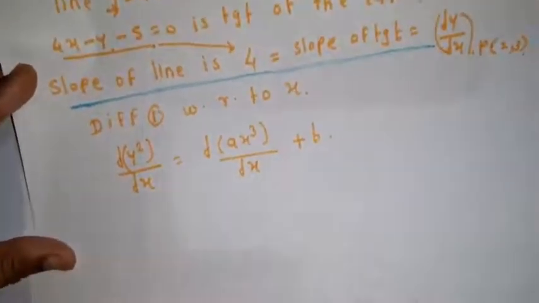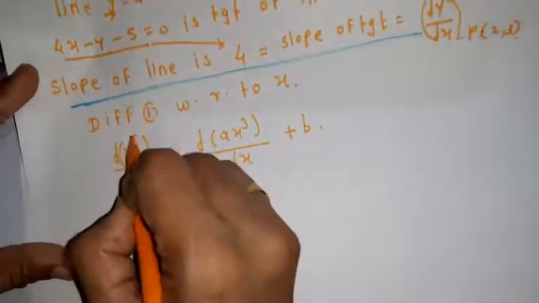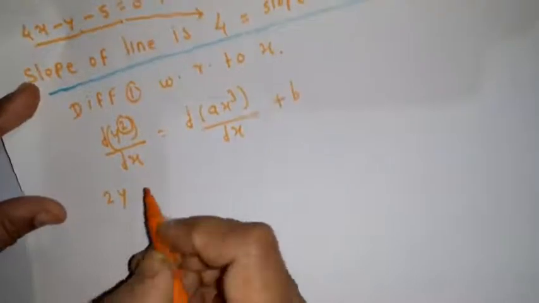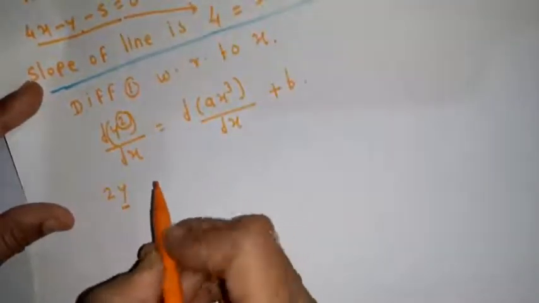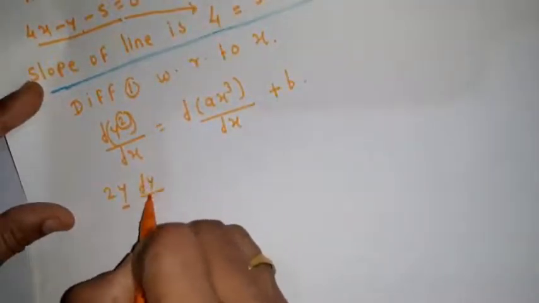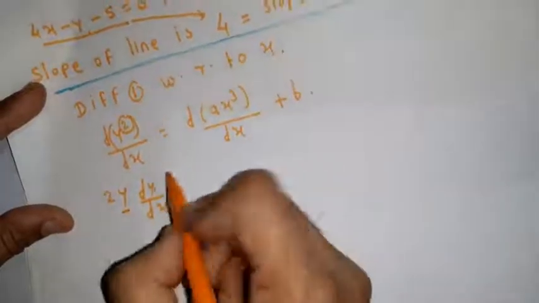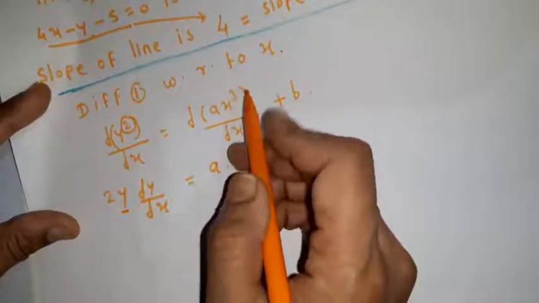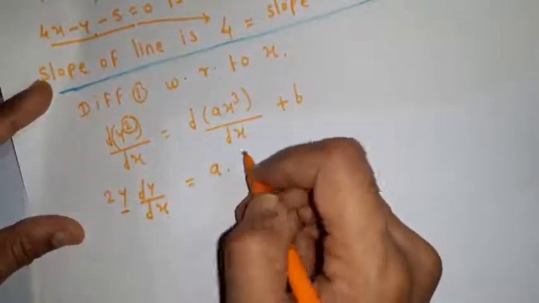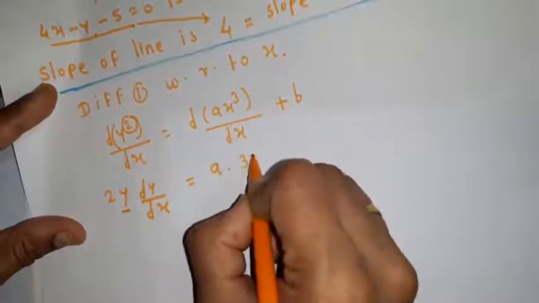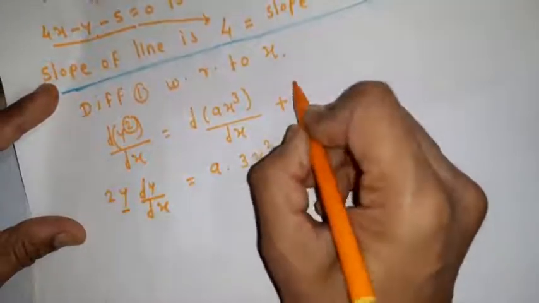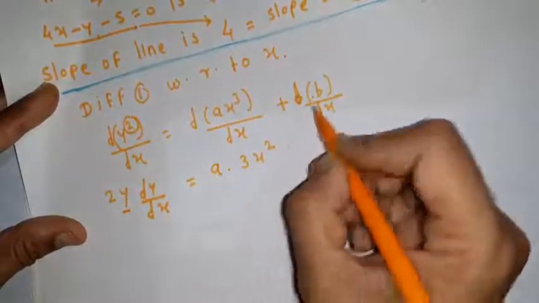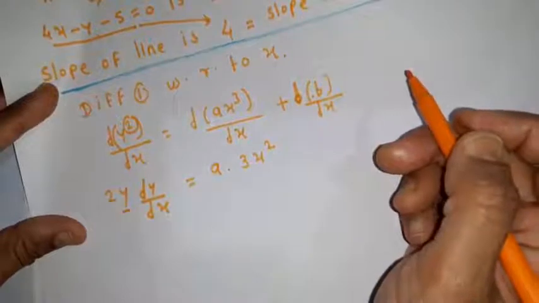Differentiation of y square by using n into x raised to n minus 1 formula is 2y, but y is again a differentiable function of x, that's why into differentiation of y with respect to x, and this is equal to a as the constant, differentiation of x cube again by using n into x raised to n minus 1 formula is 3x square, and differentiation of b with respect to x is 0 because b is the constant number.